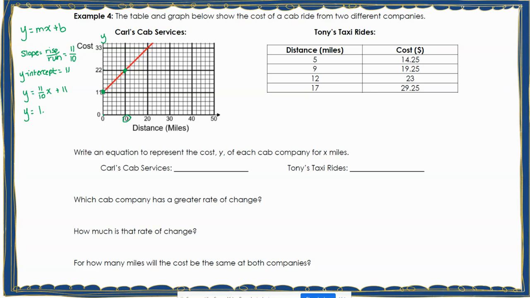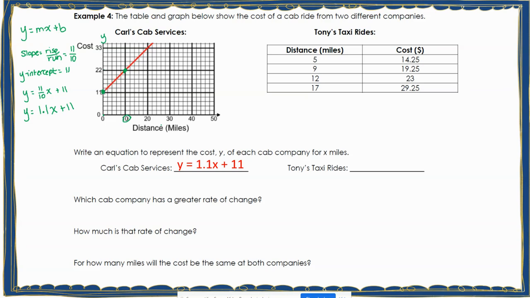If we do 11 divided by 10, we get 1.1x plus 11. And 1.1 is going to represent the cost that we pay for each mile because x represents the number of miles. So for Carl's cab service, our equation is going to be y equals 1.1x plus 11.